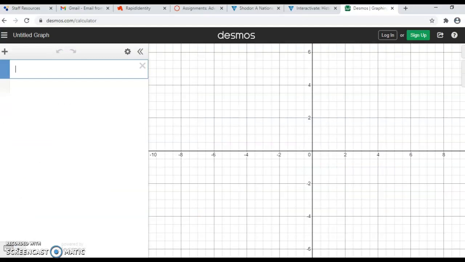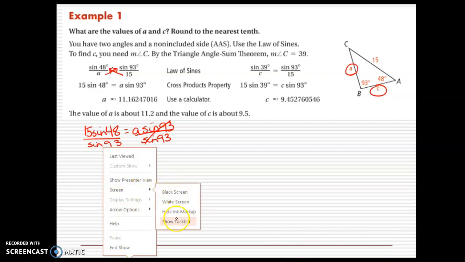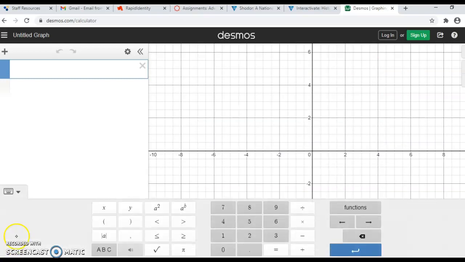You have 15 sine 48, divided by sine of 93. 12.2.